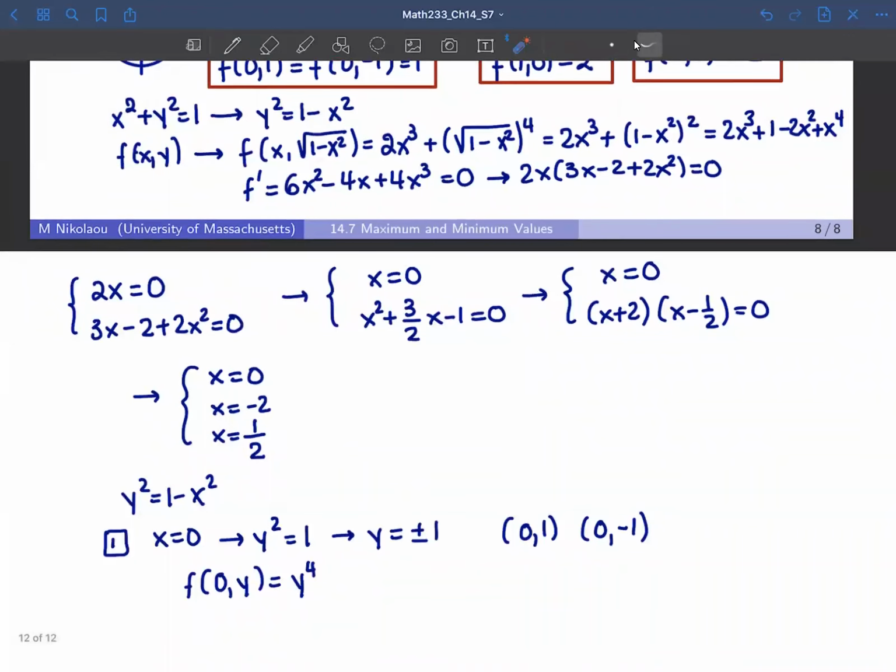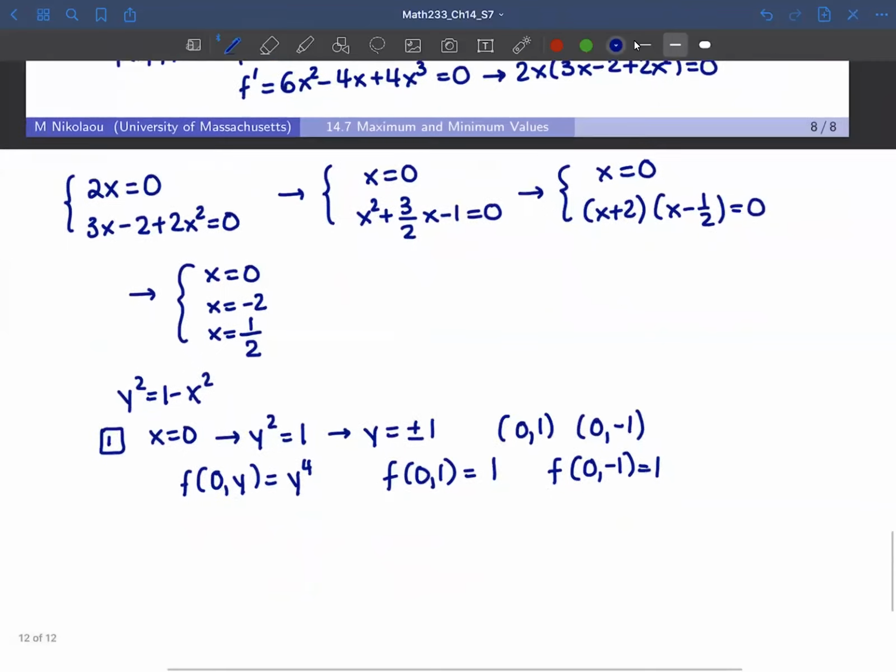So f of (0, 1) would be equal to 1, and f of (0, -1) will give us the same thing, the value of the function is equal to 1.